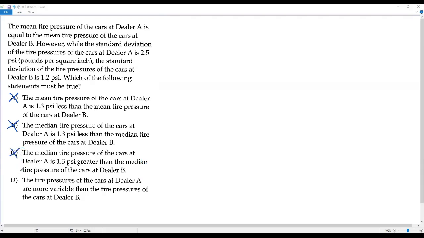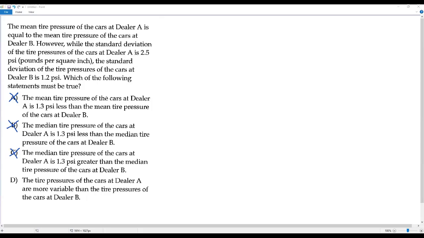Okay, before we go to answer choice D, first let's understand what standard deviation is. As I said earlier, standard deviation is one of the measures of spread. A measure of spread measures the variation among the values in a data set. If the data is more variable, then the measure of spread for that data will be higher. So if there is more standard deviation, the data is more variable.